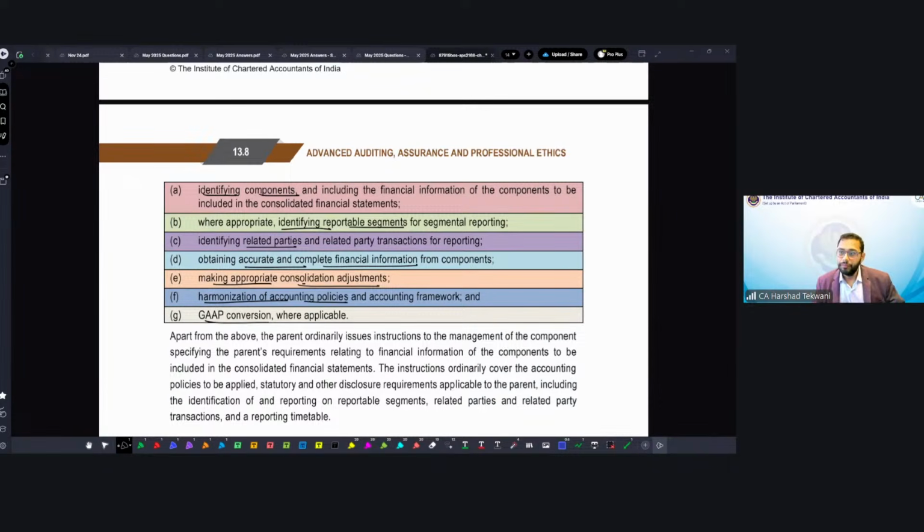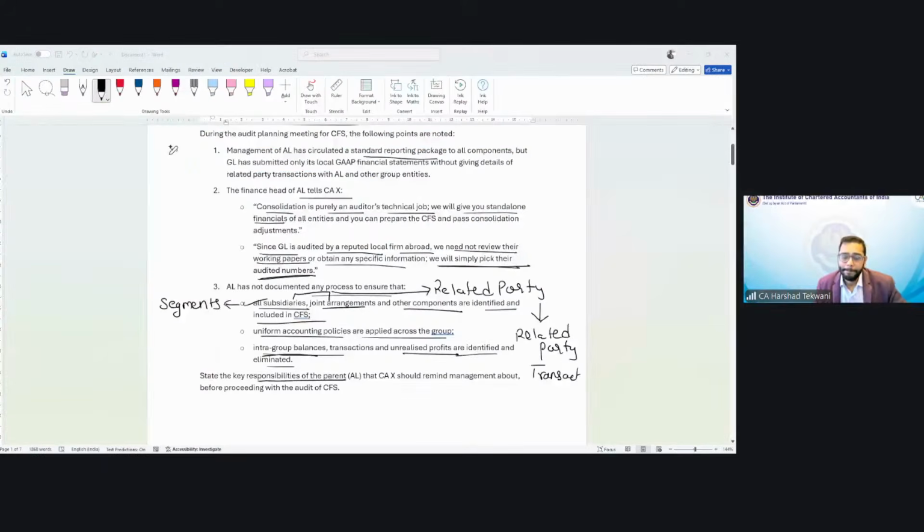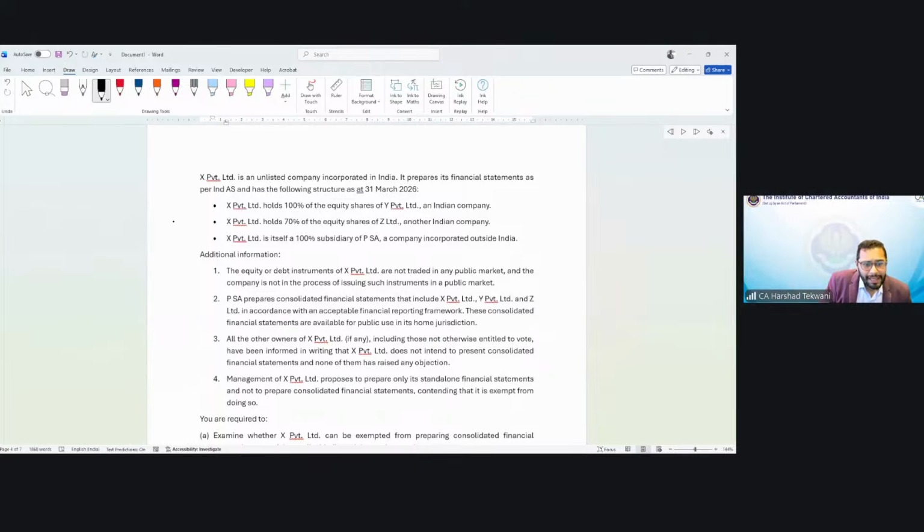Now let us take one more question. I'll quickly provide you the details. There is a company called X Limited, an unlisted company incorporated in India. It prepares financial statements as per Ind AS and has the following structure as of 31st March 26.